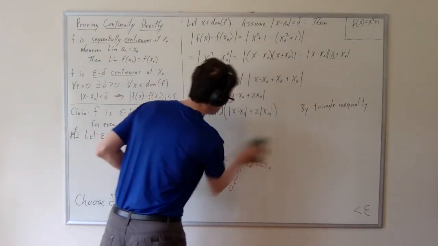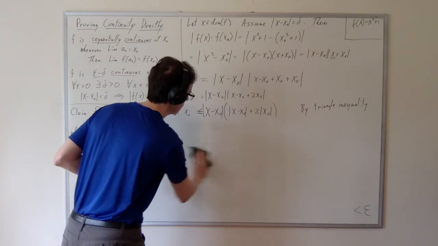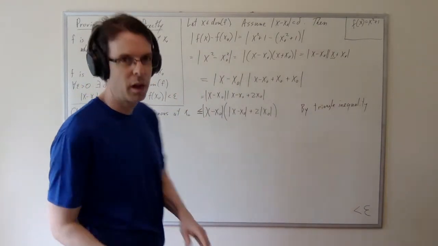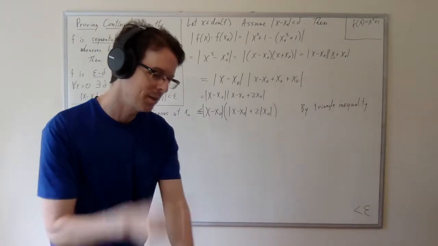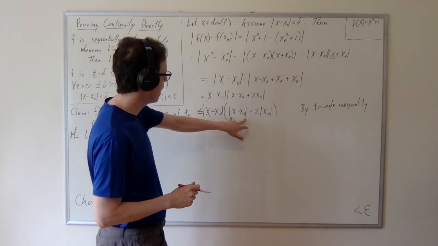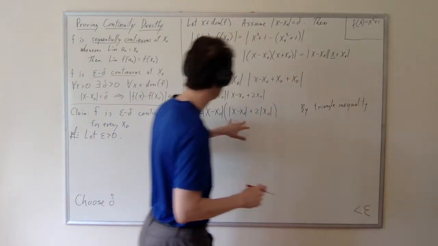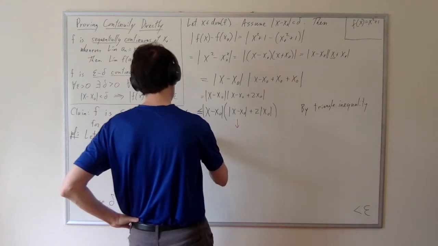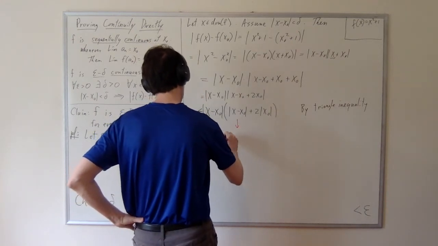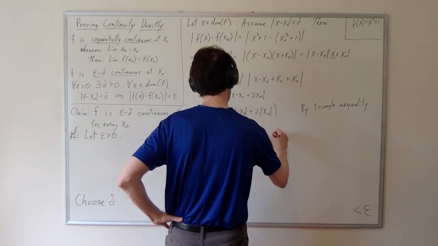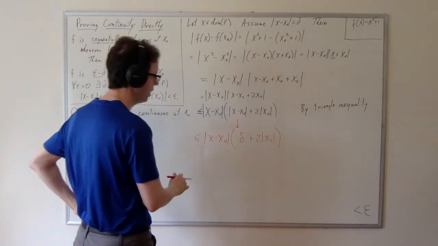But you might think that here's another option. I guess I should stay with red because it's not going to work. You might think that this is now more under control than this was, because |x minus x naught| is less than or equal to delta. And so I might say that's going to be less than or equal to |x minus x naught| times delta plus 2|x naught|. And then I could divide by this.